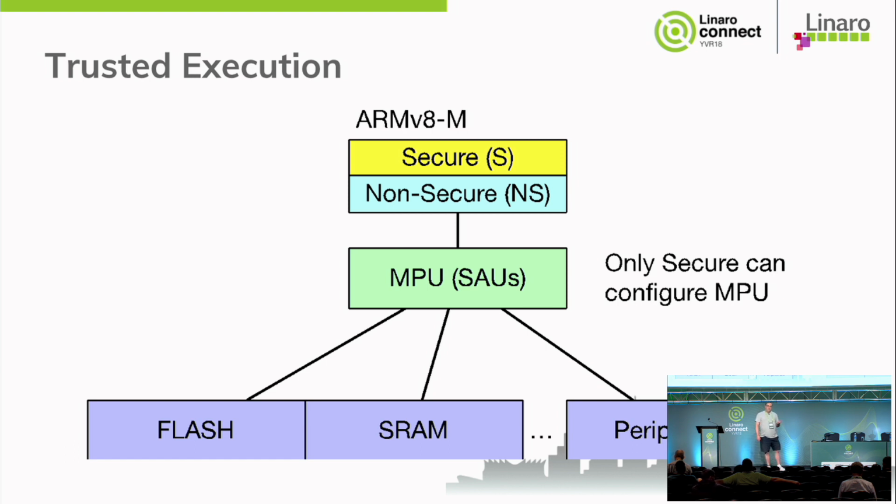So you can kind of think of it as two CPUs, a secure one and a non-secure, but it's virtual, whether they're done on one piece of hardware. And again, only the secure side can configure the MPU. Most of the memory is not shared. The code lives in flash in this case, or in SRAM. And the protection is set up so the secure one can only execute that secure slot, and the non-secure one can only execute the non-secure slot.